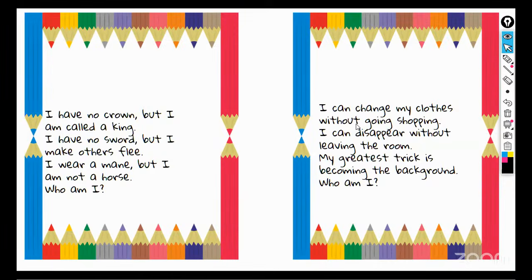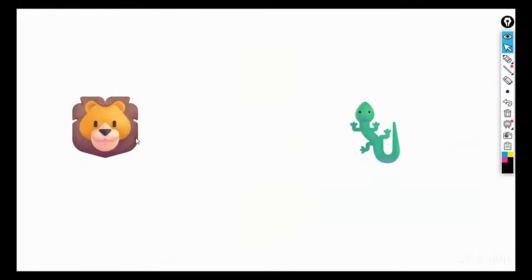Everything today is an animal. All right, somebody got the second one. People are getting the second one, right? All right. I'm closing the chat. Look at the third one now. So I'm gonna show you the answer for the first 2. A lion and a chameleon, right?